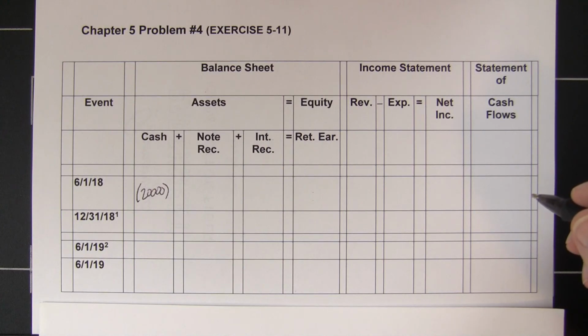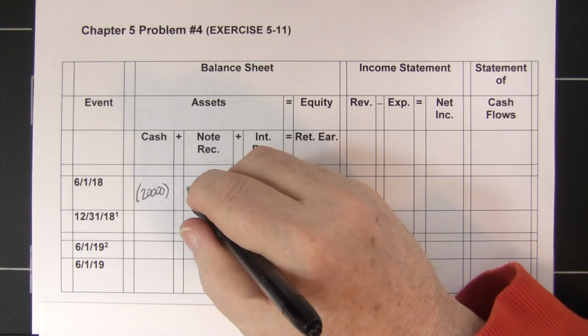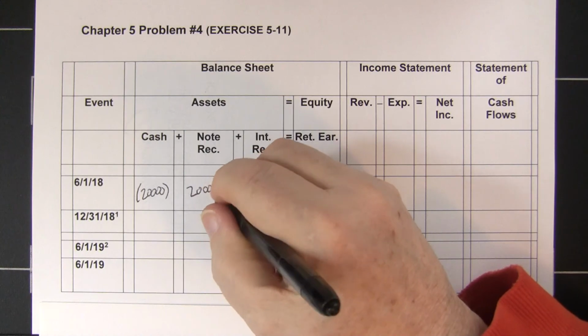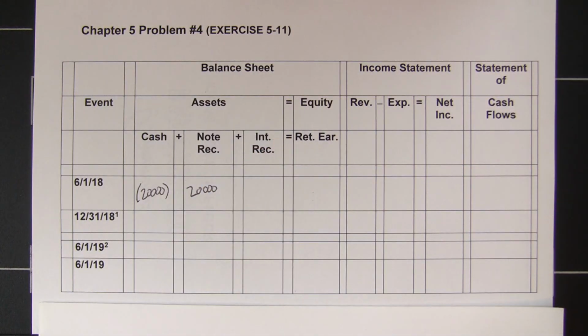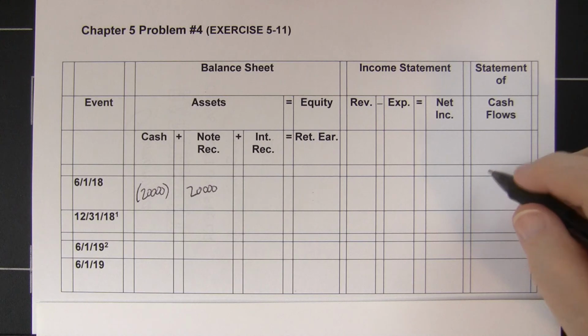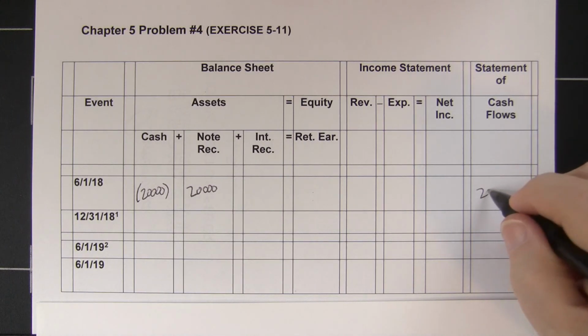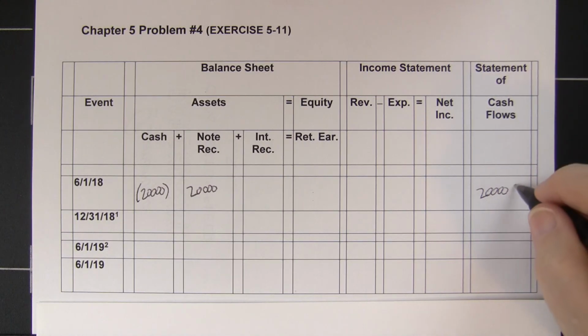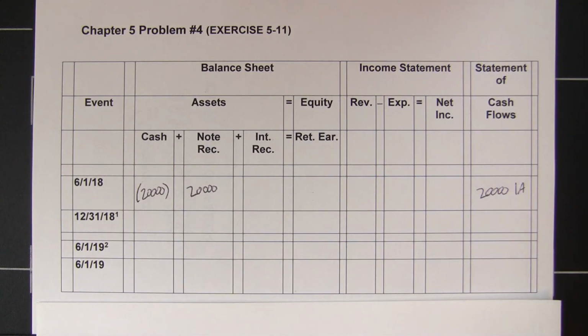And our asset that went up was a note receivable. We just traded one asset, cash, for another asset, notes receivable. If we were doing a statement of cash flows, that would be an investing activity.